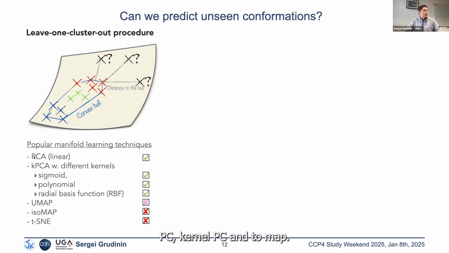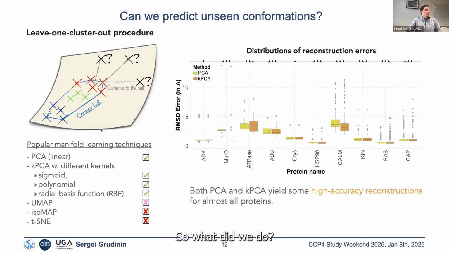We could only use PCA, kernel PCA, and UMAP. So what did we do? We clustered our ensembles. We used some of the clusters as the training set and other clusters as the test set. And we have measured the quality and the complexity of the reconstruction as the distance to the training set.